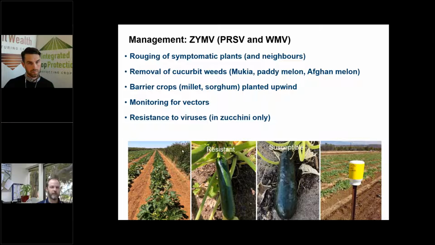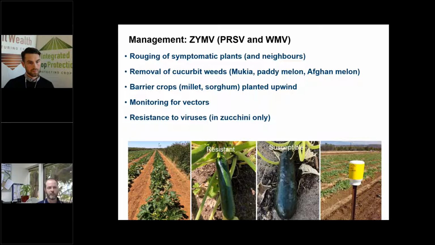Once they feed on that millet, which isn't a host of the virus, even for a few seconds, they'll have cleaned their mouth parts out, and then they're no longer infectious. So if they do carry on over your crop, they won't actually have virus anymore to spread. So that's one way of looking at that.